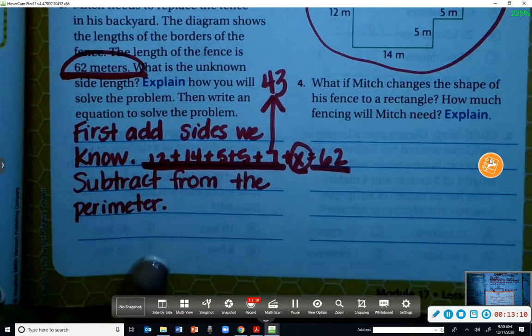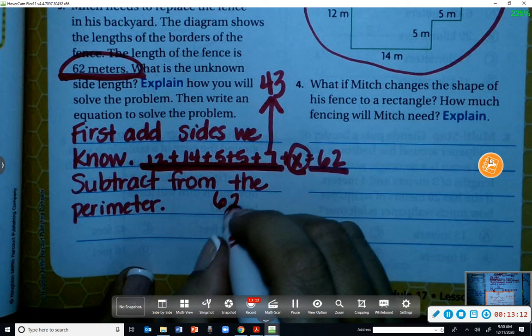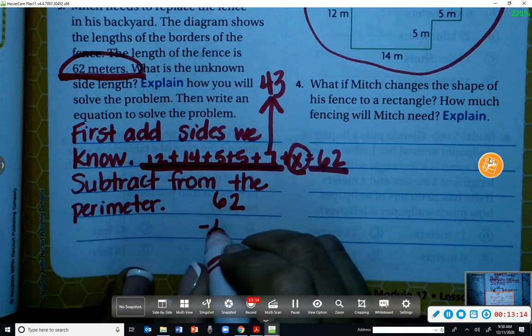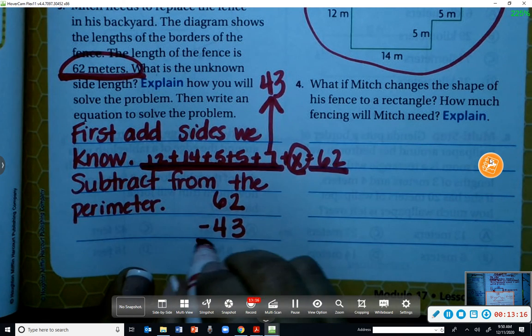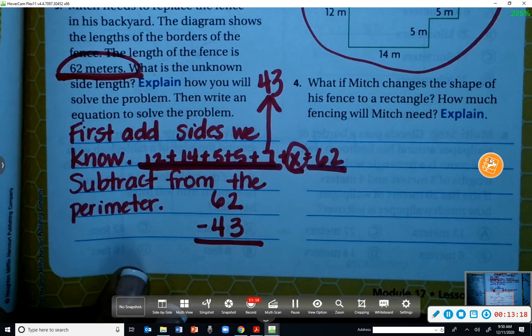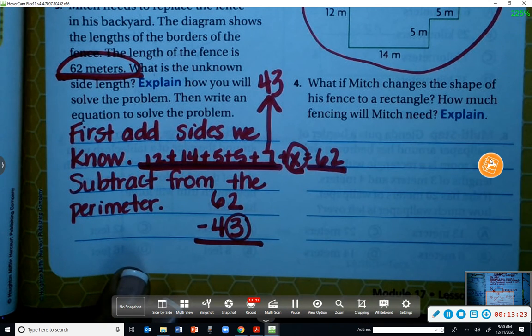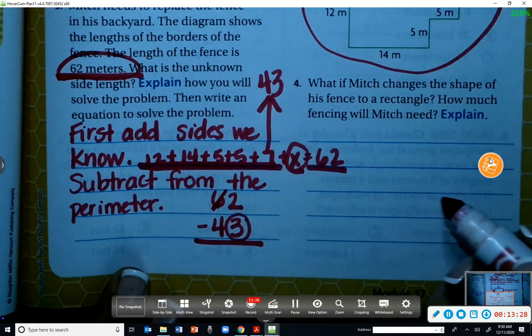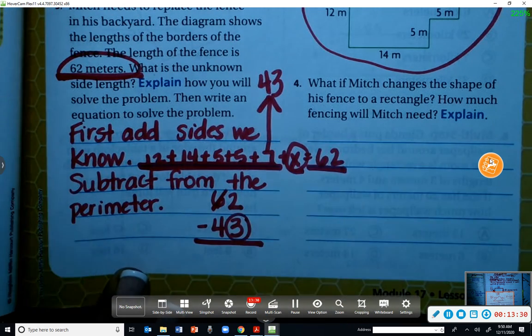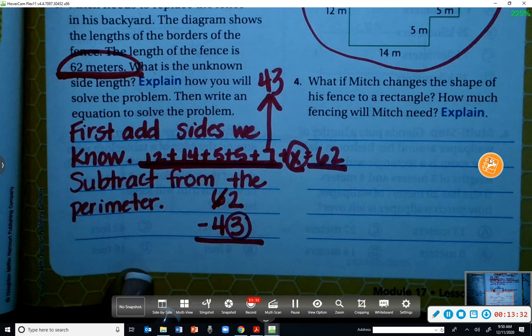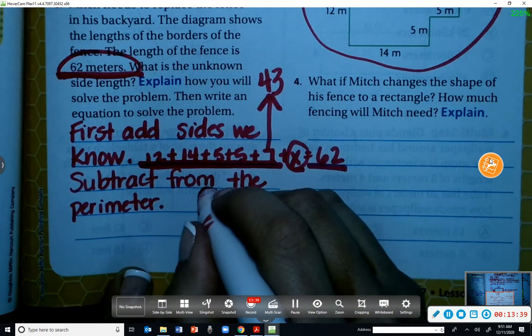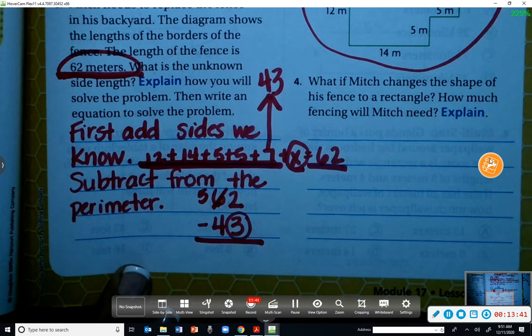Subtract from the perimeter. So we would do 62, which was our perimeter, minus the sides we added up, which was 43. Okay, can I do 2 minus 3, Gregory? No. So I need to borrow. 6 becomes what? 5.